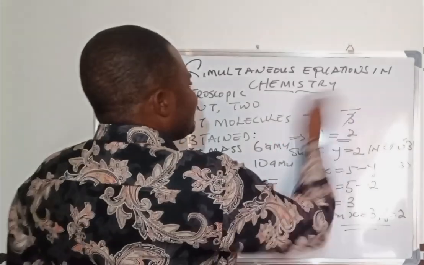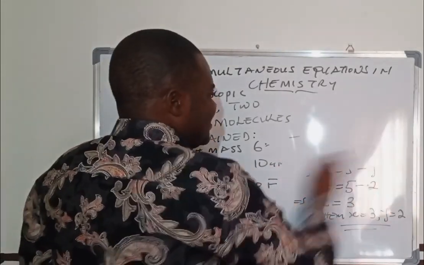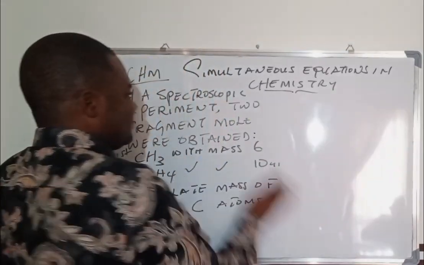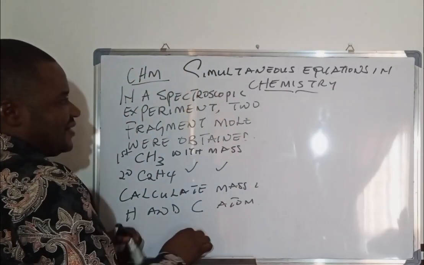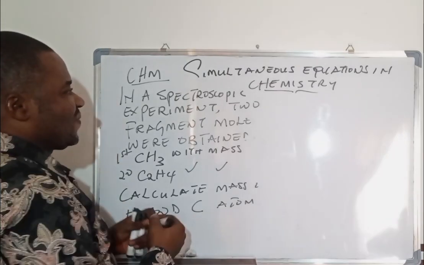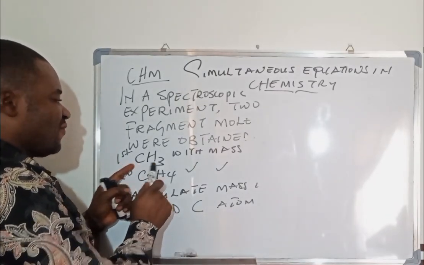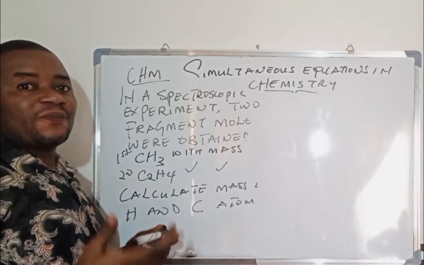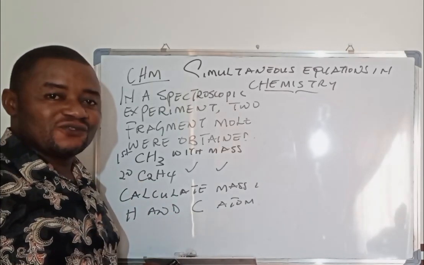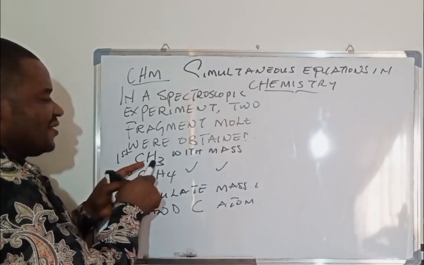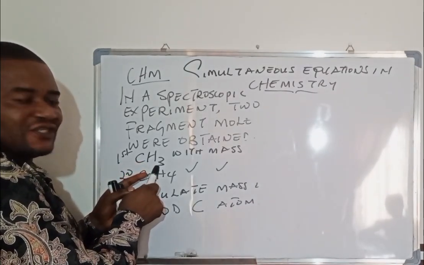Alright. Now, if we apply simultaneous equations, let's see how it works. We are going to use this empirical formula and this one to obtain our equation 1 and equation 2 as simultaneous equations. This means there is 1 carbon atom here, 3 hydrogen atoms here.